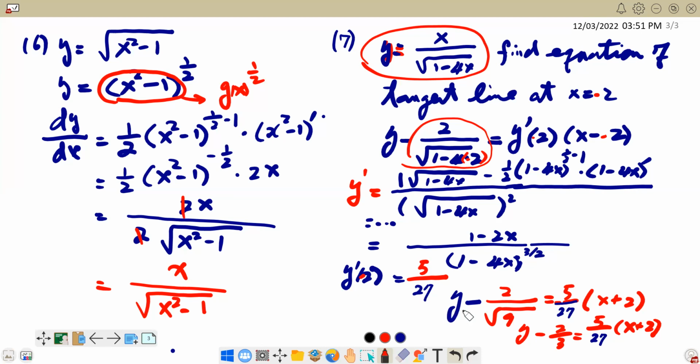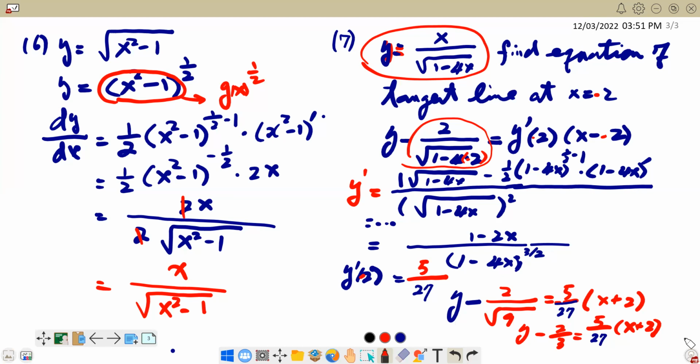So I have y minus 2 over the square root of 9. This number, the square root of 9, equals 3, so 5 over 27 times x plus 2. So y minus 3 over 2 equals 5 over 27 times x plus 2. This is your equation of the tangent line. I probably made a mistake. Something is wrong here. There's a mistake.